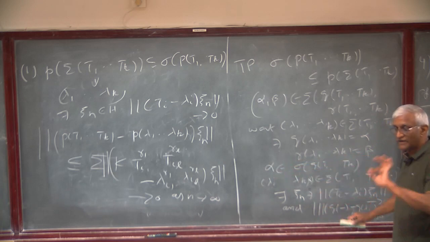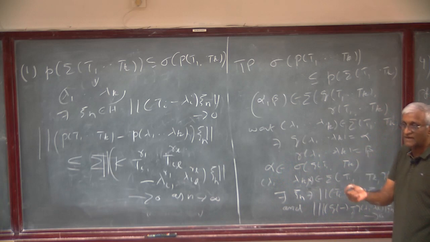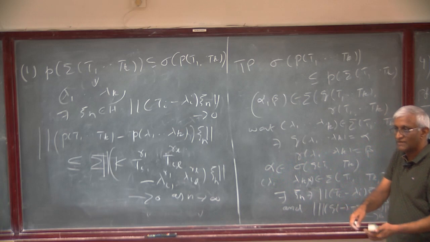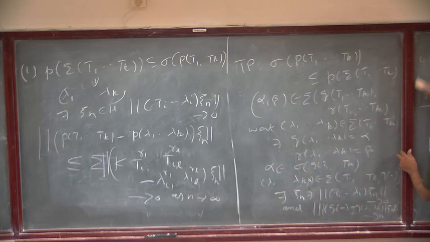But if you have one for a single approximate eigenvector, if you have two different eigenvalues, they have to be the same. That you can see easily.